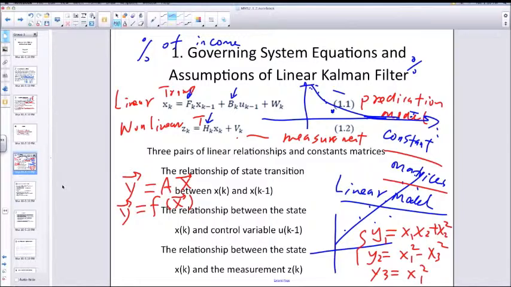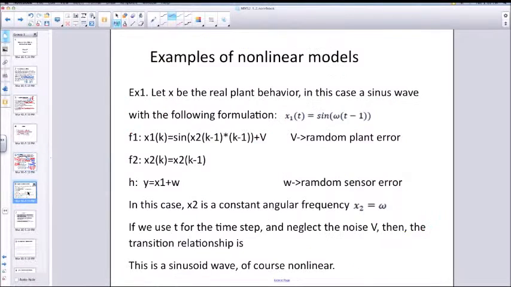So the bottom line is these two will be changed when we talk about the nonlinear model. So let's start from one example. It's clearly not linear. If I let this x2 be a constant, you see the k is the time.